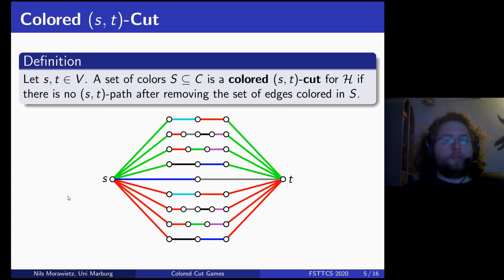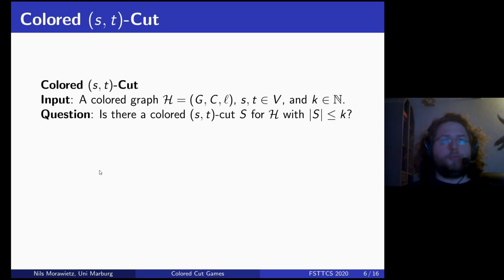So, the goal of obtaining such a colored ST cut can be seen as the goal of an attacker who tries to disconnect S and T. The corresponding decision problem, called colored ST cut, asks if it is possible to obtain a colored ST cut of size at most k.